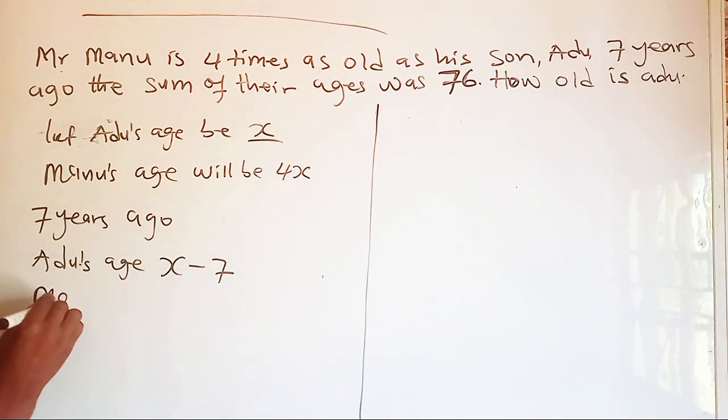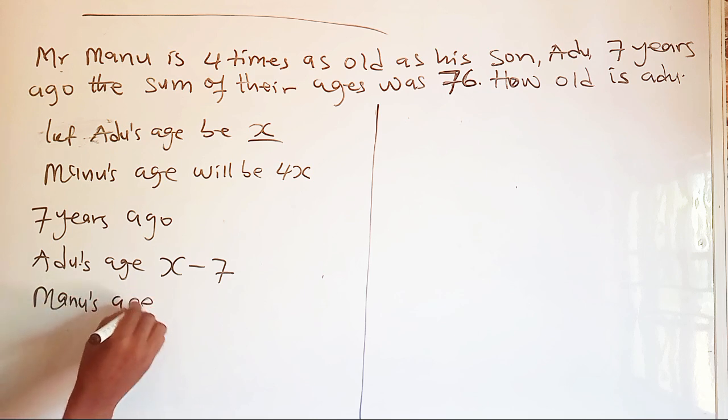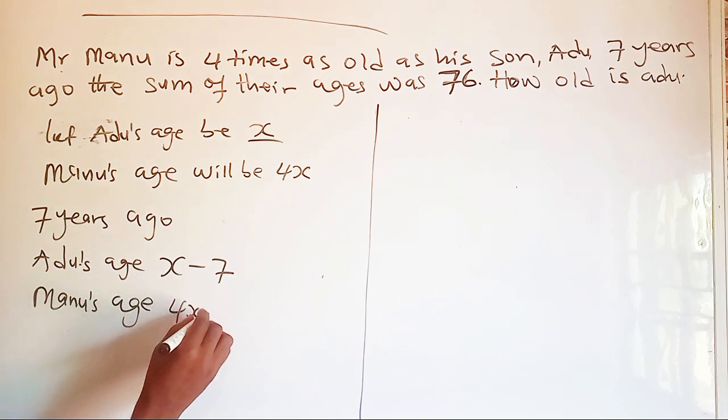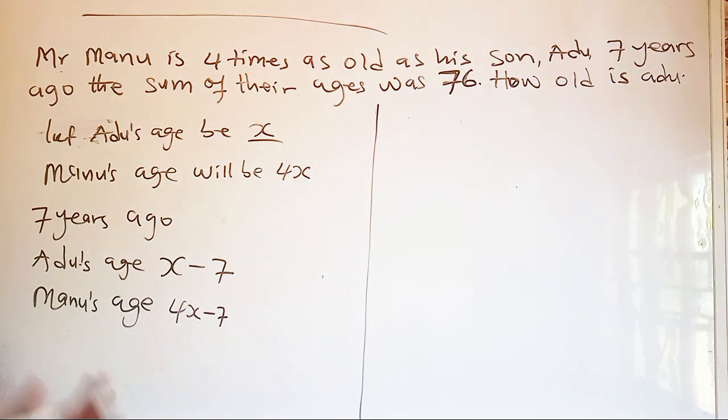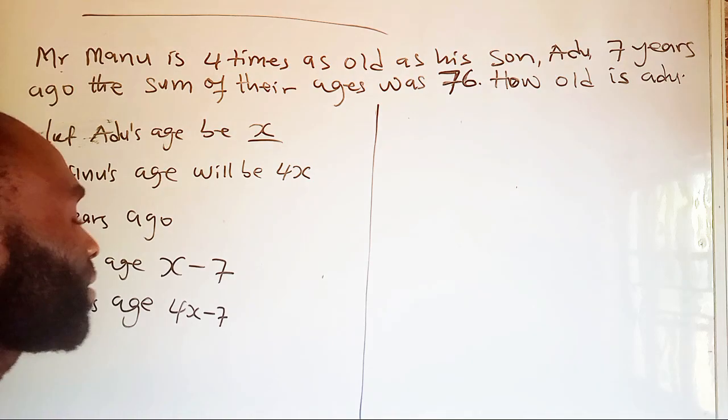Then Manu's age, which is the father, will be 4x minus 7. That is back then, 7 years ago. We want to know the age back then, 7 years ago, so we are going to subtract, but if it is later, we are going to add it.